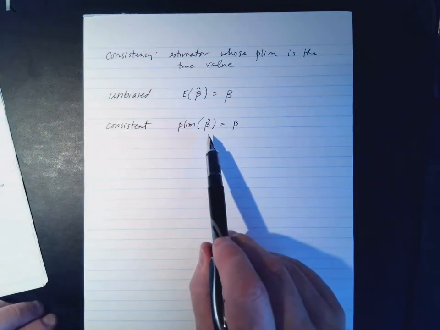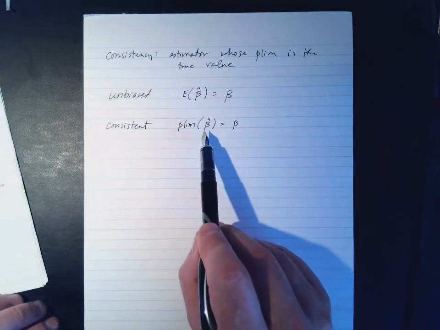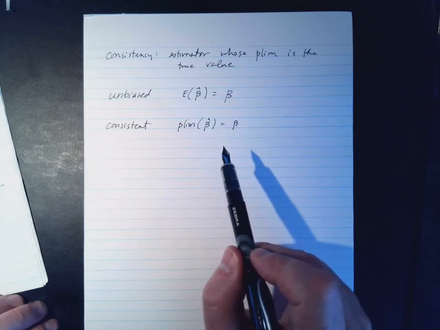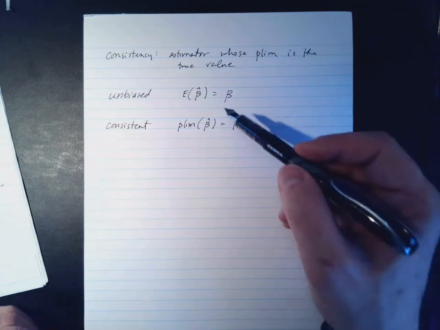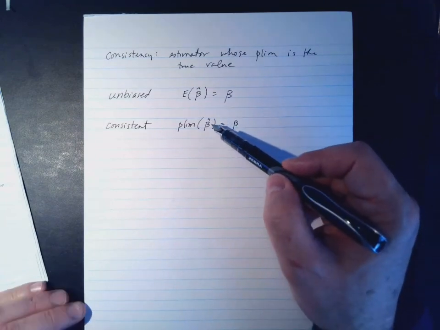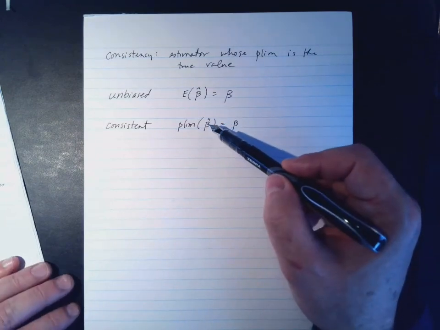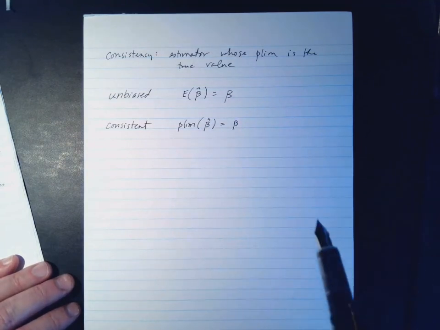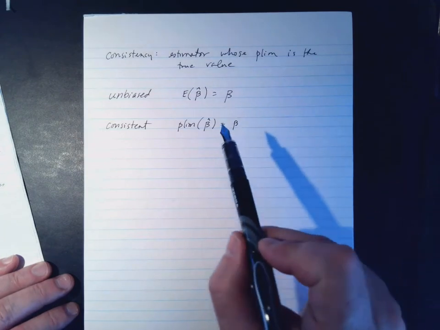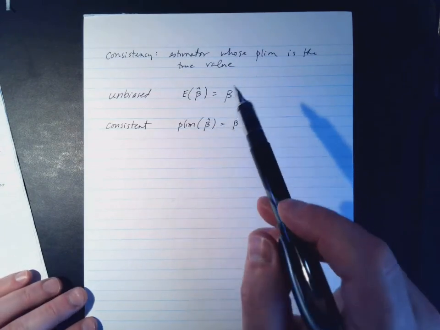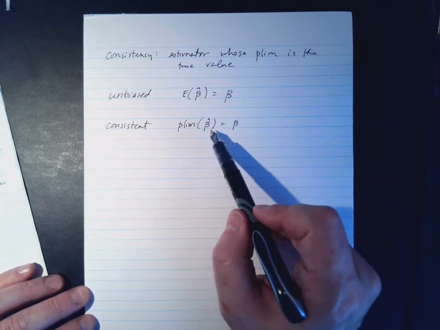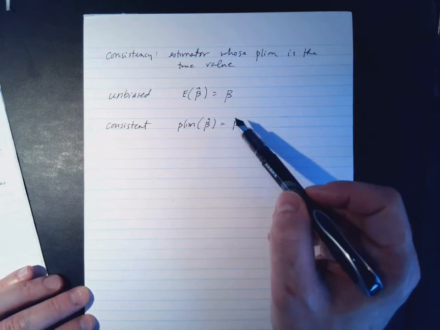And that's a little bit different, because in a small sample it could be the case that beta hat is a biased estimator. If we're working with a type of model or estimation rule that is sometimes biased in a small sample, but the bias goes to 0 as n goes to infinity. If you have consistency, that's a pretty good result.